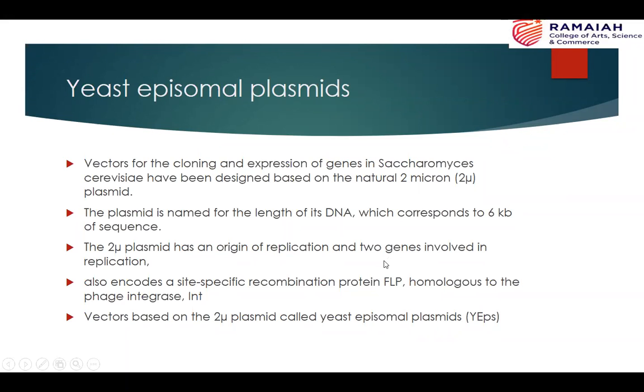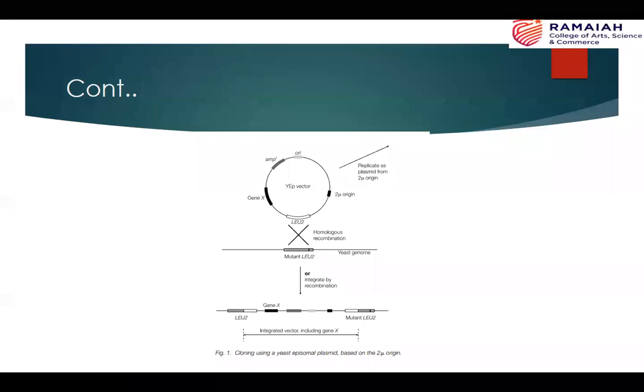This FLP protein is homologous to the phage integrase protein, that is INT. So these are all the sequences that are present on this 2-micron plasmid. So the vectors based on this 2-micron plasmid are called yeast episomal plasmids. And you all must be aware of it. Episomes are plasmids that have the property of getting integrated with the host chromosomes, isn't it?